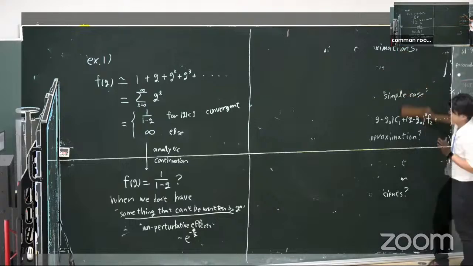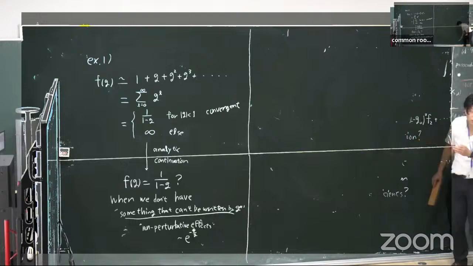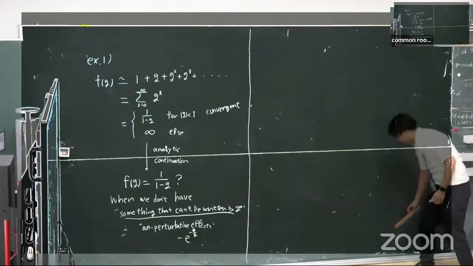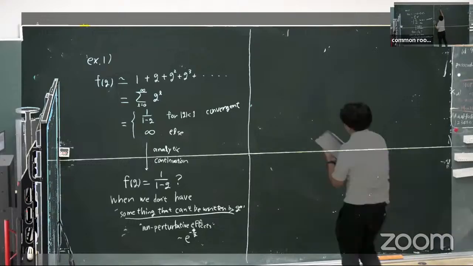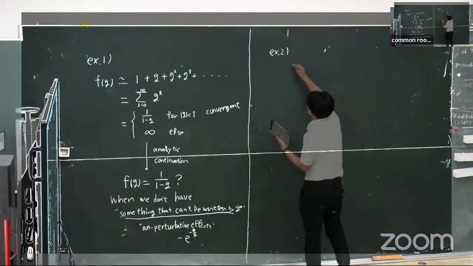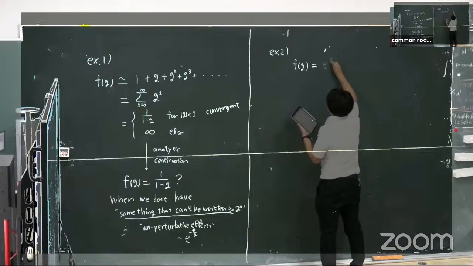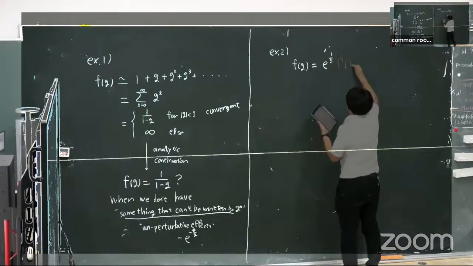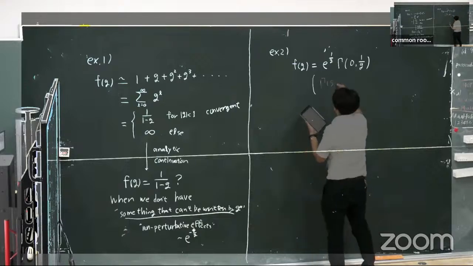Next, I will turn to one non-trivial example. Do you have a question about the first example? Okay, then next I'd like to consider one non-trivial example. For simplicity, I first give the exact answer, where gamma is a function called the incomplete gamma function.